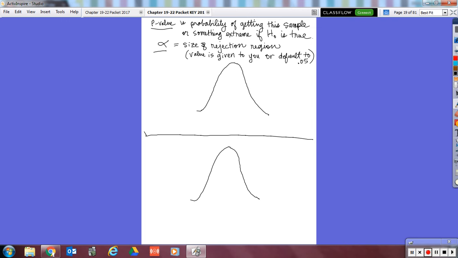Okay, so there are our normal models, and at first we're going to be drawing the same thing on both of these. We're going to say that both of these normal models are centered around the claim of the null hypothesis.